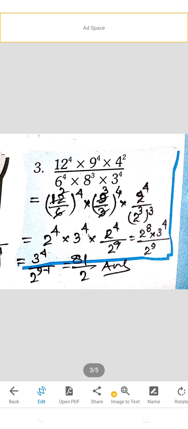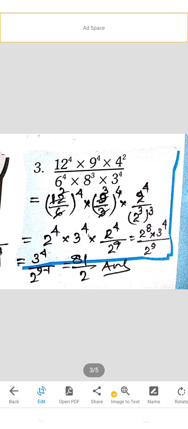Now 4 square can be written as 2 raised to the power 4, and 8 cube can be written as 2 cube. 8 can be written as 2 cube and whole cube equal to 6 1 is 6, 6 2 is 12.